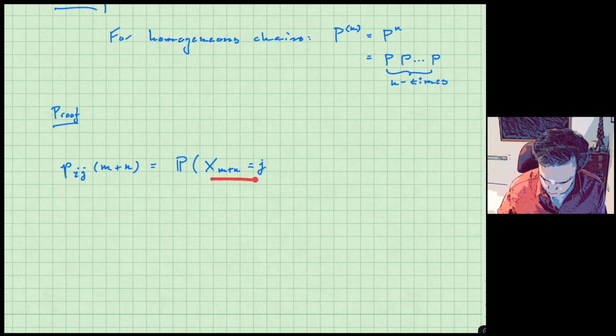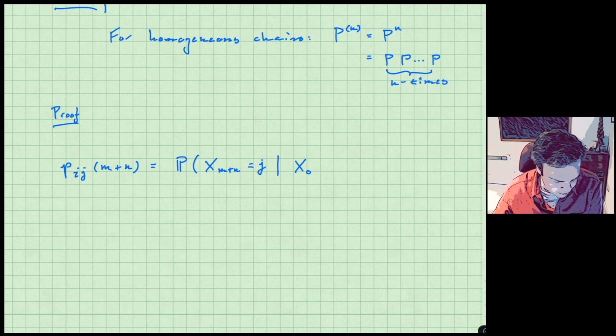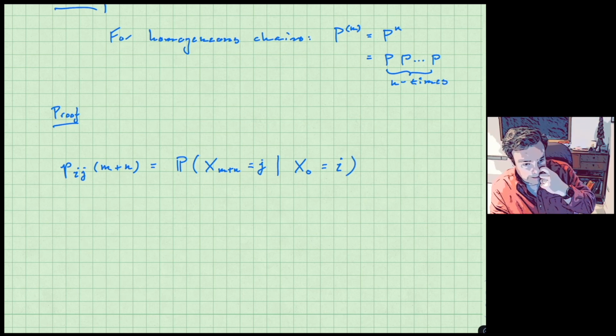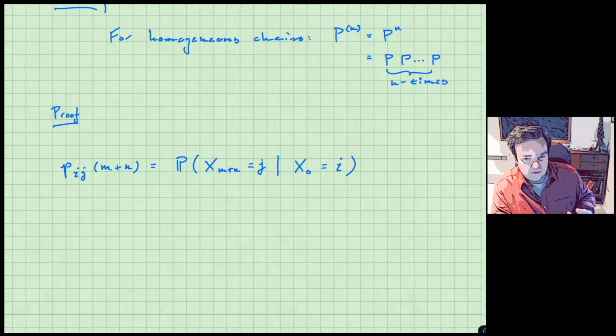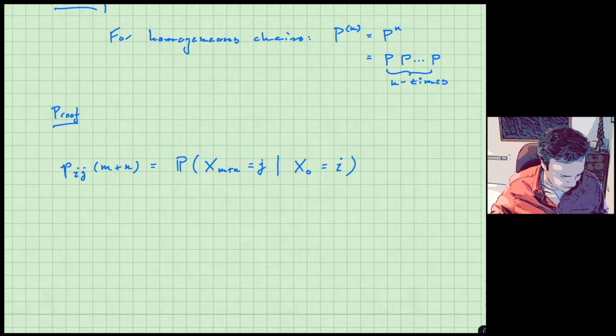This is where you are, and where you came from is, I'm just going to put X_0, so at time 0, you were at some place. I don't know what it is. But m plus n steps later, you're at state j. So this is the m plus n transition probability matrix, so that's fine.